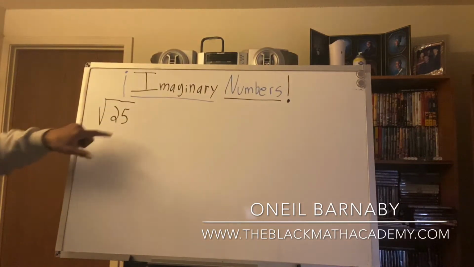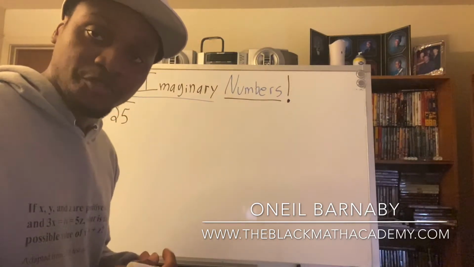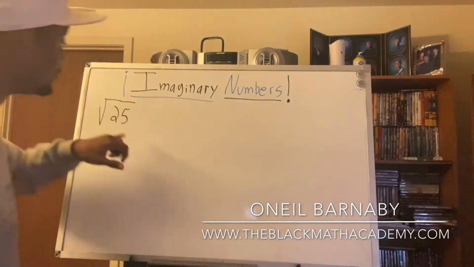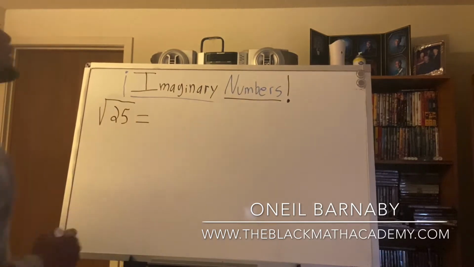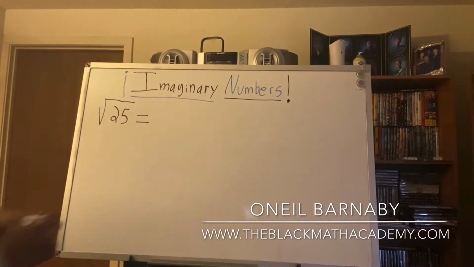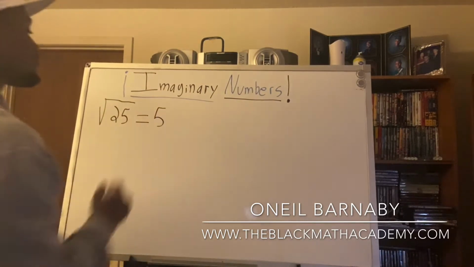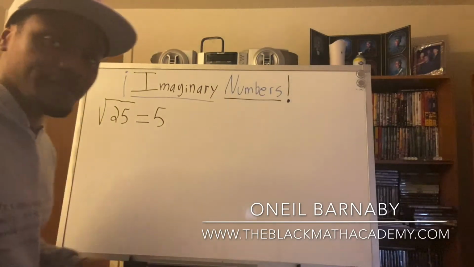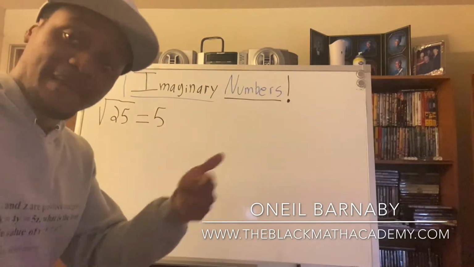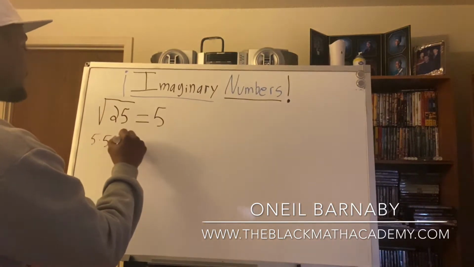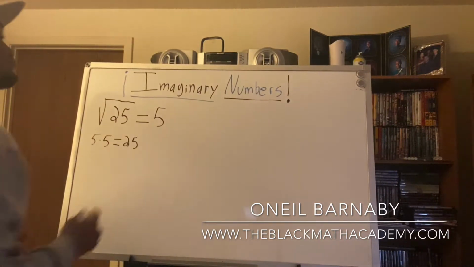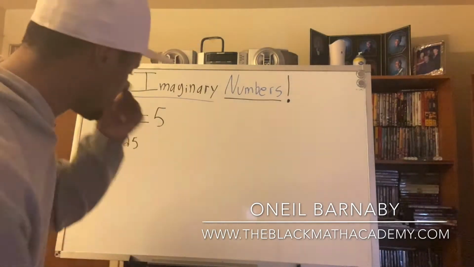So this 25 here. So some number that when you multiply it twice gives you 25. So one answer that comes about from this is the value 5. So why 5? The reason being is because 5 times 5 is 25. So it just makes sense.